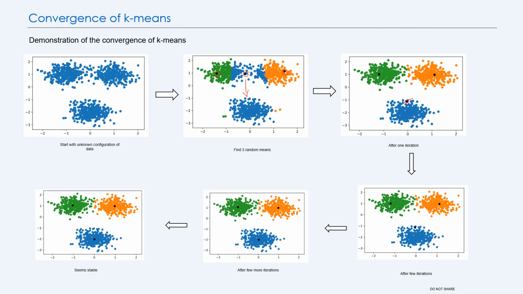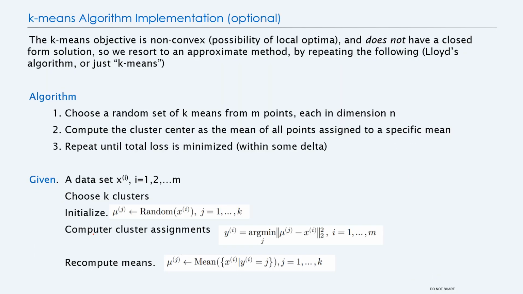And this middle point is now the mean that represents this group. And then it keeps moving to the middle, and then eventually you stop. It seems stable. This means that the loss is not changing as much anymore. So you have identified 3 cluster centers that we will work with.